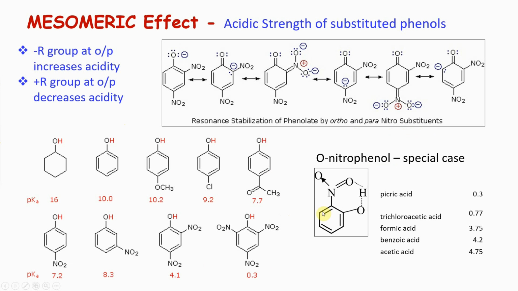Okay. Now orthonitrophenol is a special case you want to remember. Generally I am going to look at nitrophenol separately. When looking at nitrophenols, all nitrophenols are going to be more acidic than phenol.